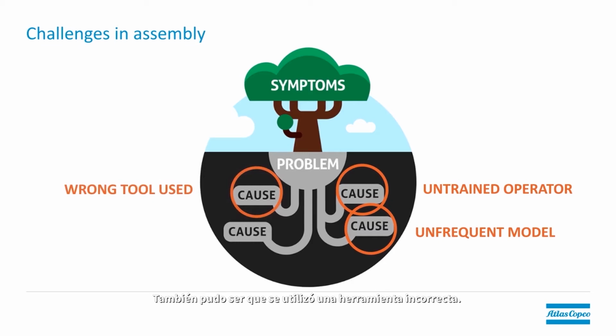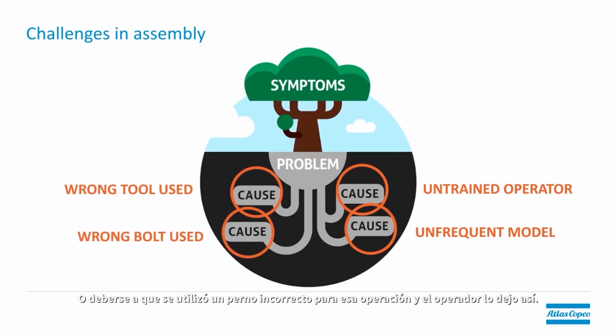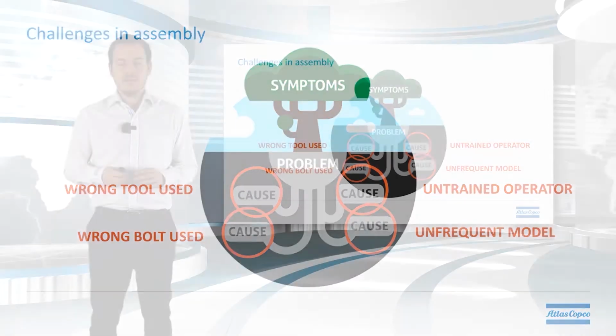Could be that the wrong tool was used, of course. Could also be that the wrong bolt for that operation was used, and then it didn't fit, and then the operator just left it like that. And it could be that that was the reason of the missing tightening.